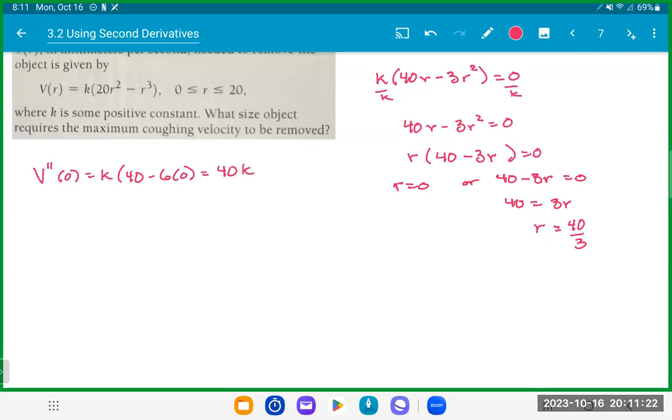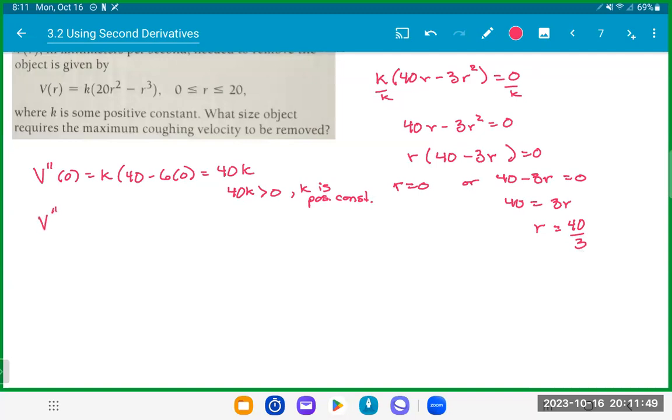Remember that K is some positive constant. So 40K is going to be greater than 0 because K is a positive constant, right? So my second derivative evaluated at 0 is that.